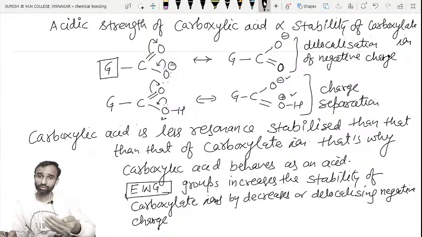If negative charge is decreased, it becomes stable, because delocalization of negative charge stabilizes the carboxylate ion. So electron withdrawing groups increase the stability of carboxylate ions by delocalizing negative charge.